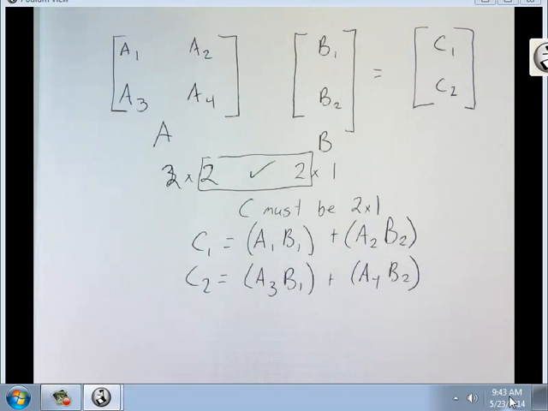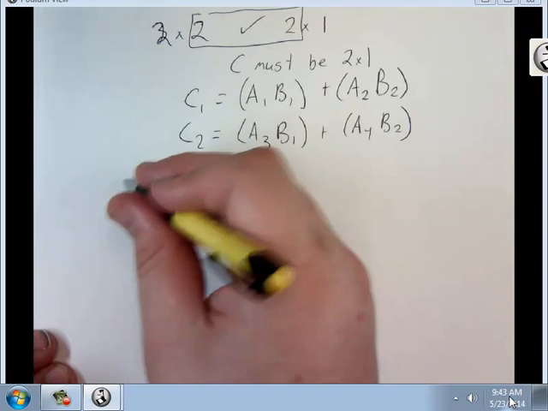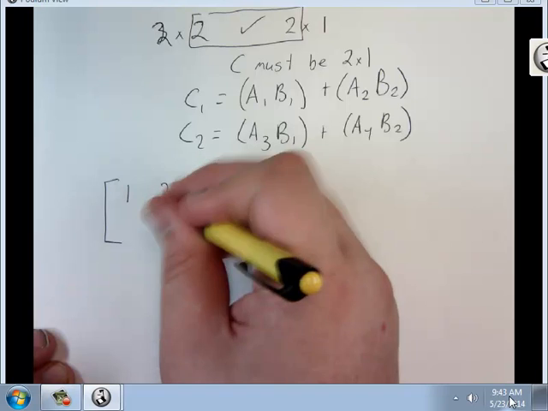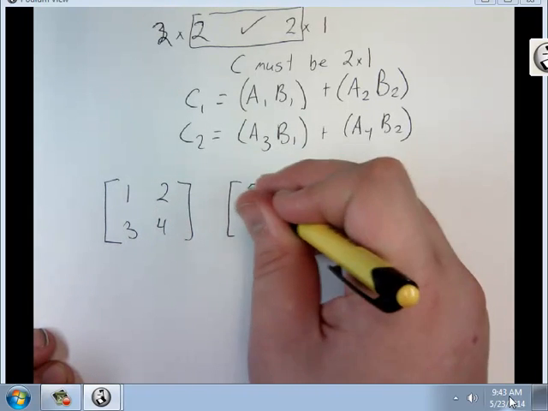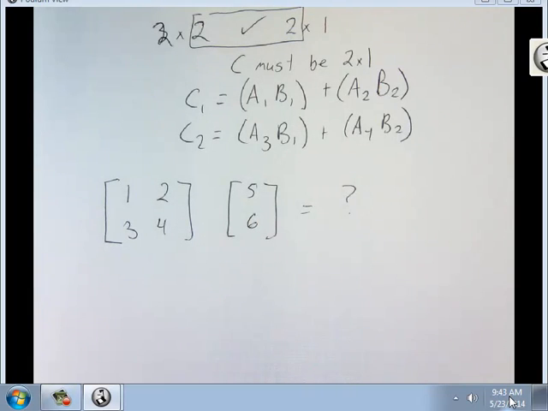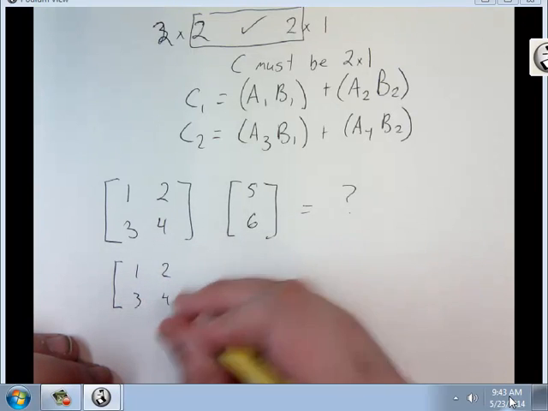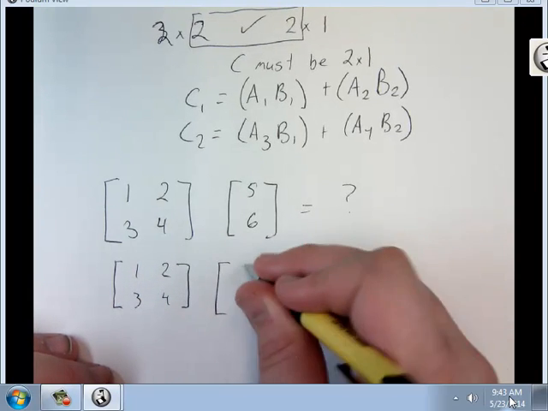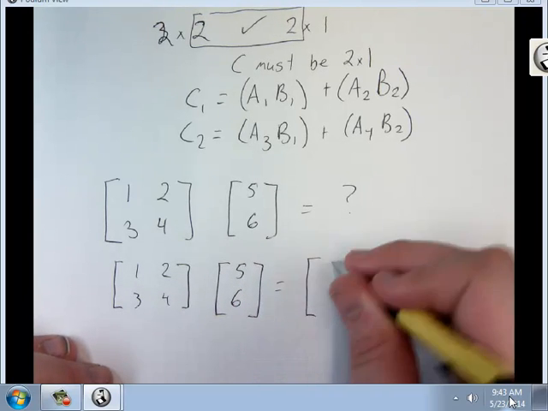So I'm tired of being generic. Let's get specific. Let's say we had 1, 2, 3, 4 by 5, 6. What's the answer going to be? Well, I'm going to put that in my C matrix here, C1, C2.